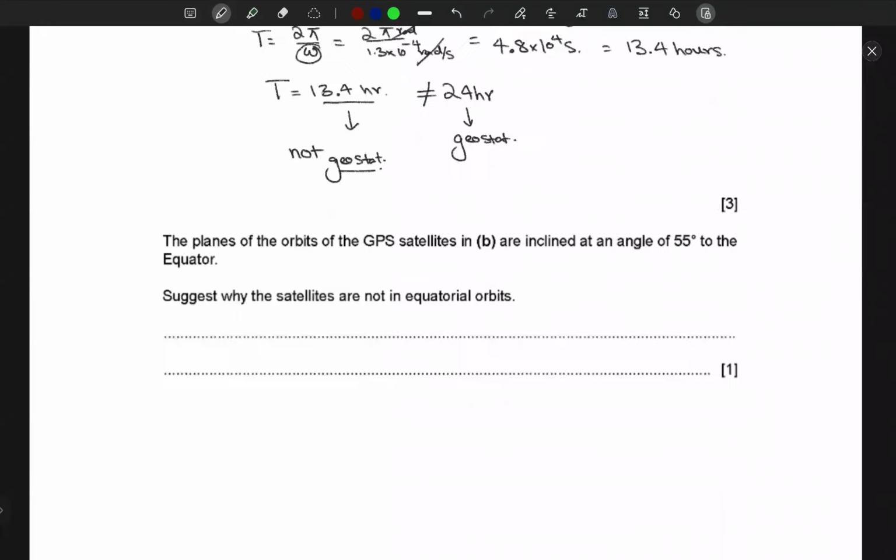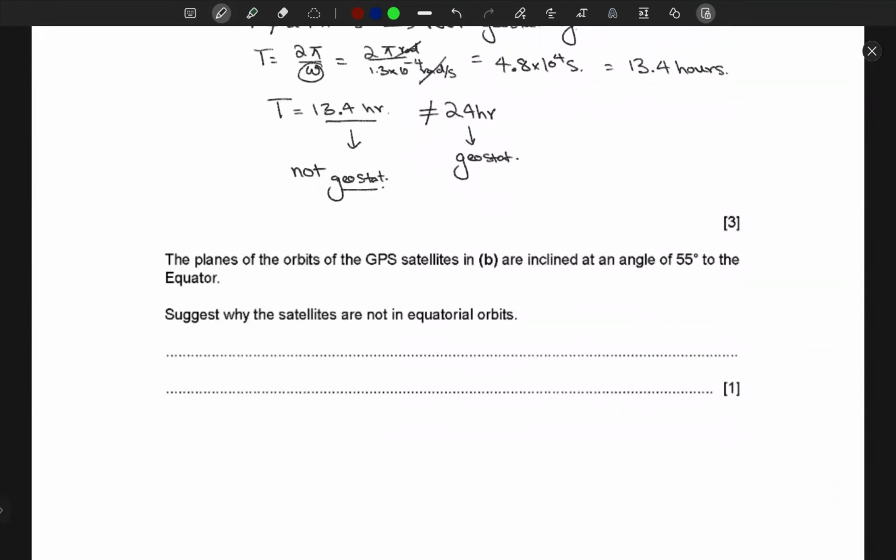Then we can move on to this next part. The planes of the orbits of the GPS satellites in the part that we just solved are inclined at an angle of 55 degrees to the equator.